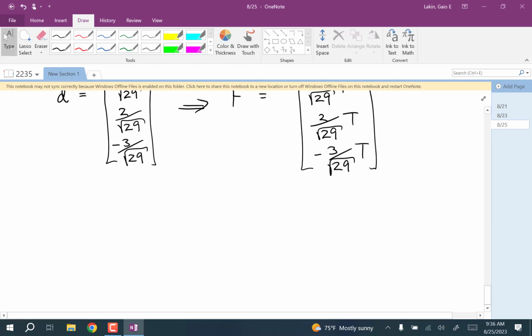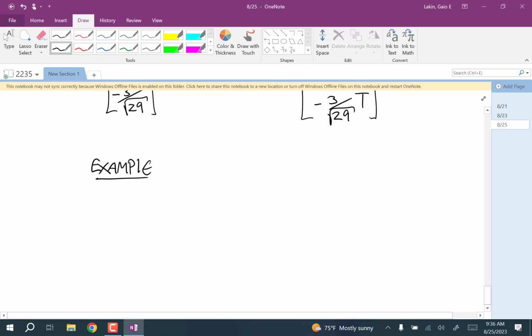Okay, let's do one of those 2D examples. So let's say it's 15 degrees from the horizontal to this line. It's 40 degrees from the first line to the second line.